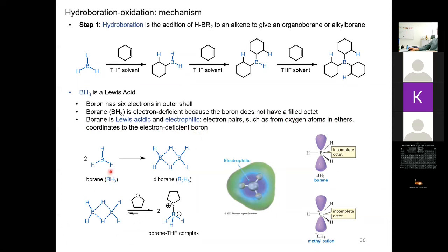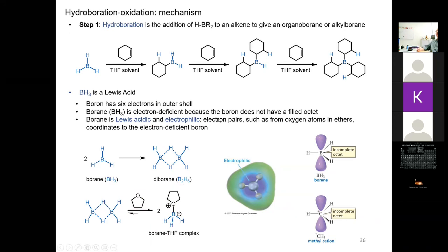So the borane itself can form a dimer. In the dimer, the electrons can be shared between these two borons. And these dimers can react with solvent like THF, tetrahydrofuran. The O has a lone pair that can donate into the boron to form this borane-THF complex.